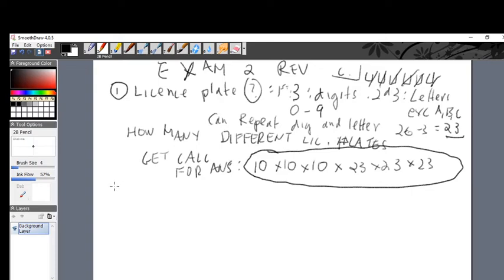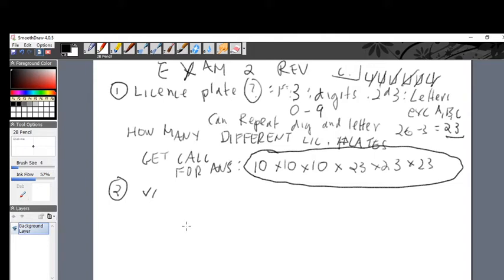Okay, now we go to problem number 2 that I need to show you on this video. Remember that if you go back to video 1, and video 2 also I believe, you're dealing with combinations and permutations.